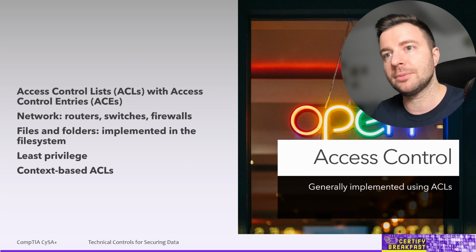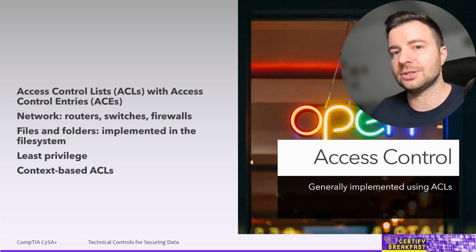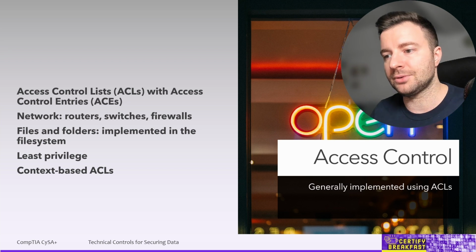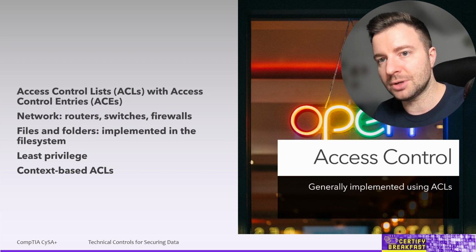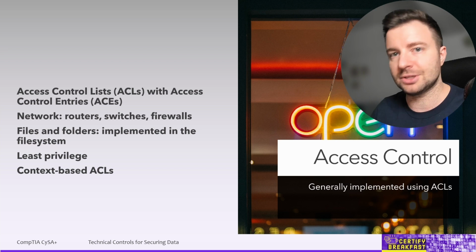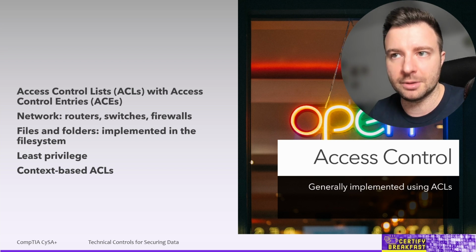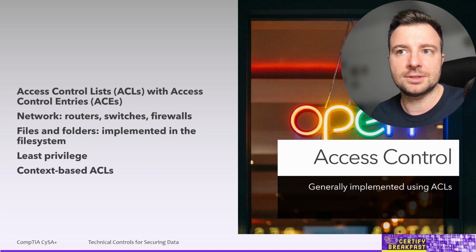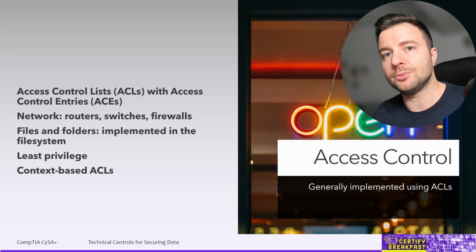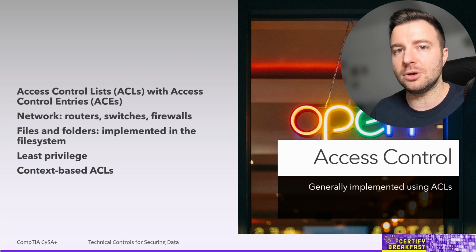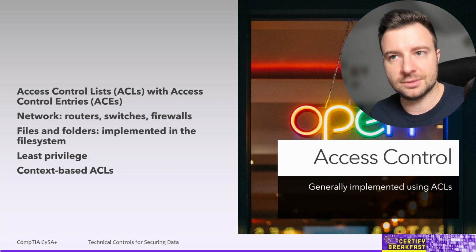And these are sometimes called either time-based ACLs, if they just take the time of day into account, or context-based ACLs, if we take into account things like geographical location, the posture of the device that we're using, the type of network that you're connecting from, and so on. So we're building a context out of multiple variables here. And these types of context-based ACLs are nowadays found in more modern firewall solutions, like next-generation firewalls or UTM devices.